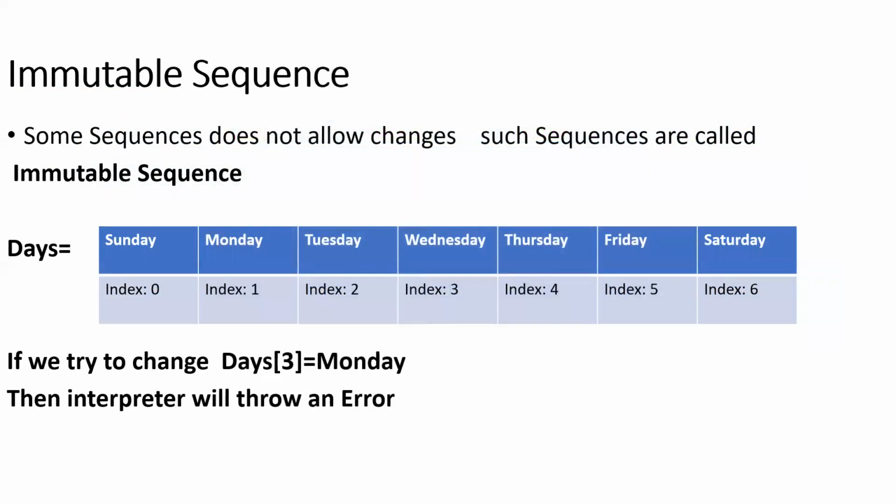Now some sequences allow changes and some do not. Sequences that do not allow changes are called immutable sequences. If you take a real-time example such as days like Sunday, Monday, Tuesday, Wednesday, Thursday, Friday, Saturday, can you change the order of these days?